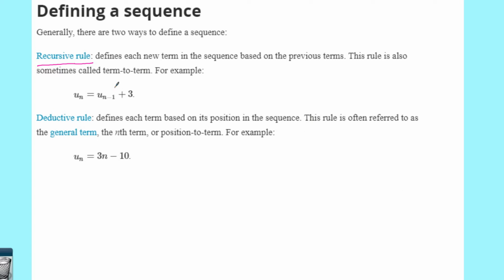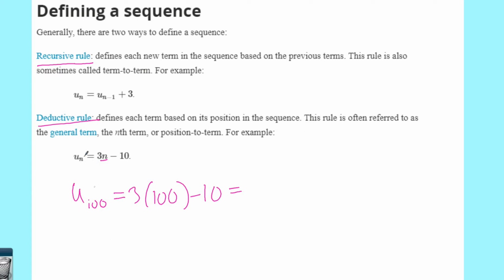So typically what's easier, or what's used more often, is the explicit rule. The rule says I can find any term by just knowing where it is, by knowing N. So if I wanted to find the 100th term, then I would just take 3 times 100 minus 10.